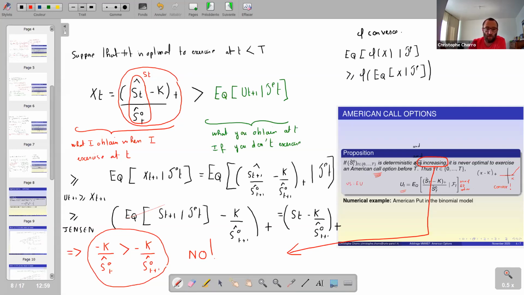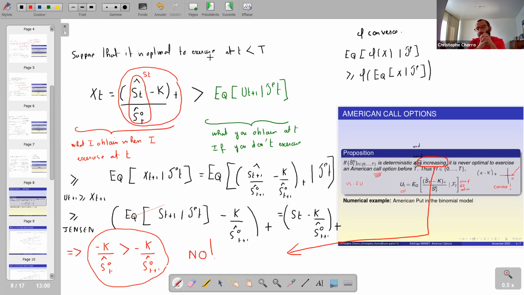So what I have supposed at the beginning is not true. That is, it's not optimal to exercise strictly before capital T. And so an American option is in this situation none other than a European one.